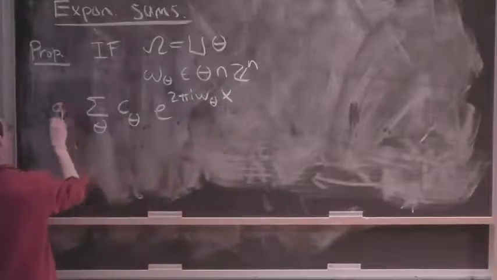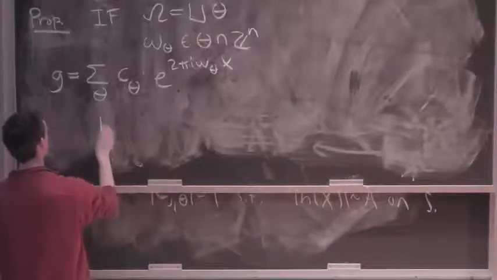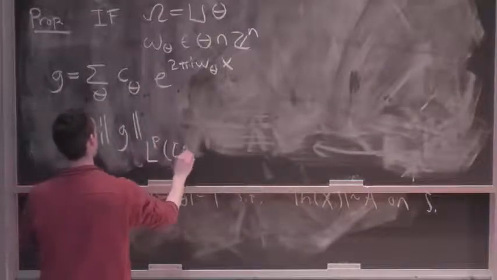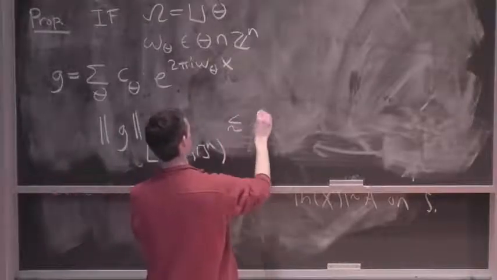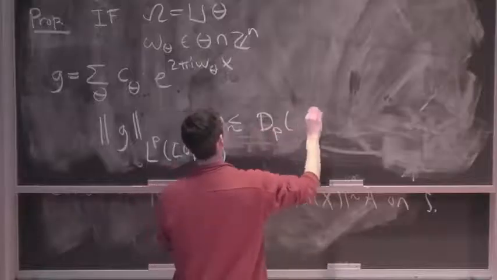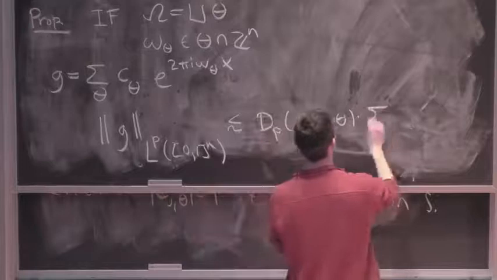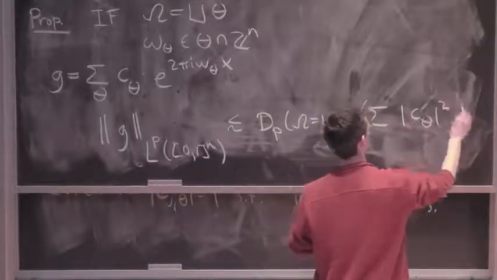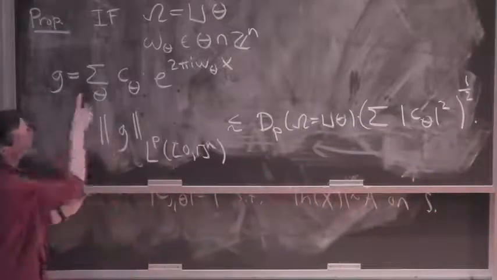Let's call this g. And the proposition says that the L^p norm of g on the unit cube is bounded by the decoupling constant of this decomposition times the sum of the squares of the coefficients to the 1/2. So it's a bound for an L^p norm of an exponential sum.